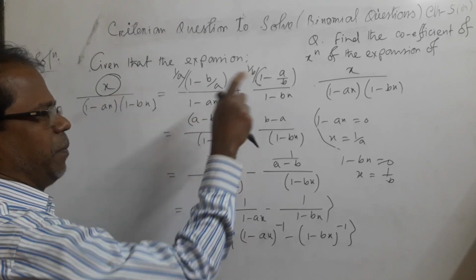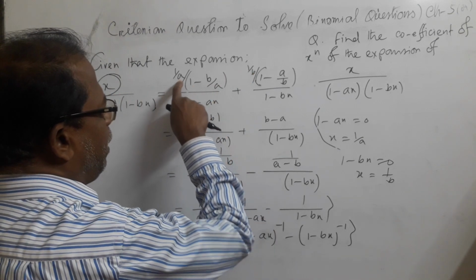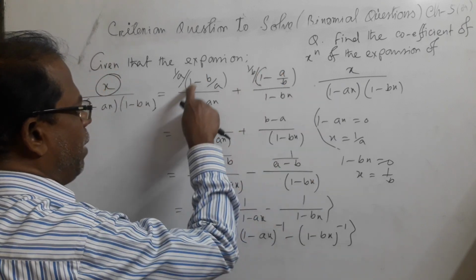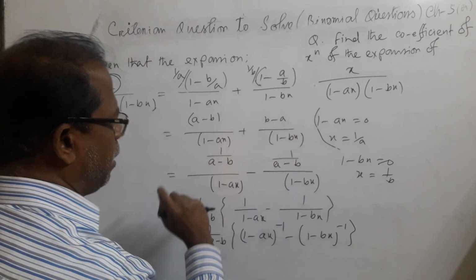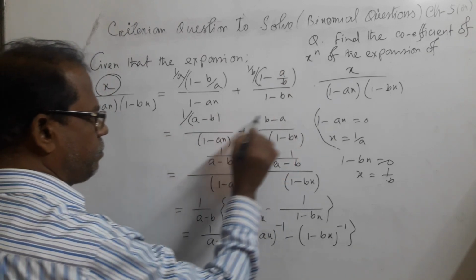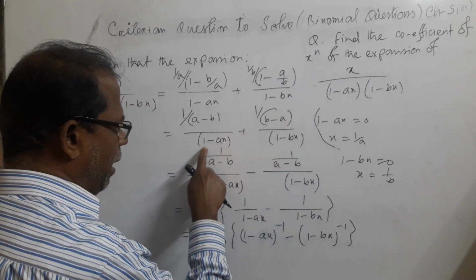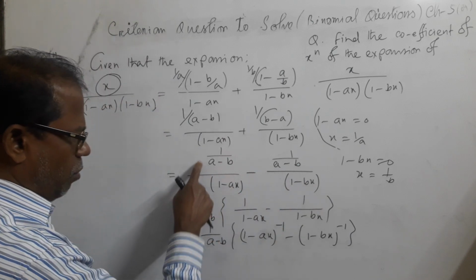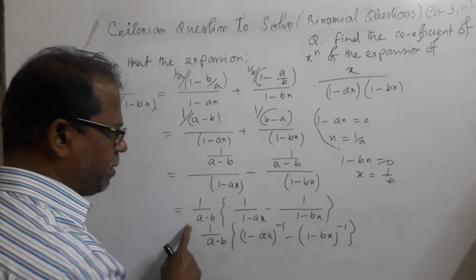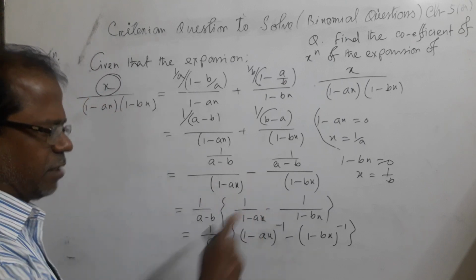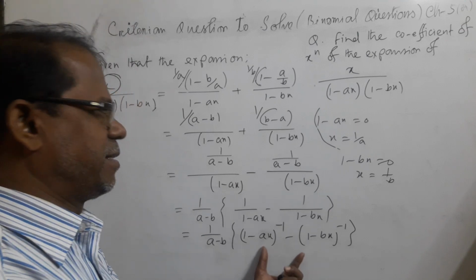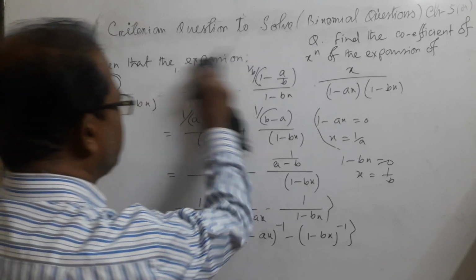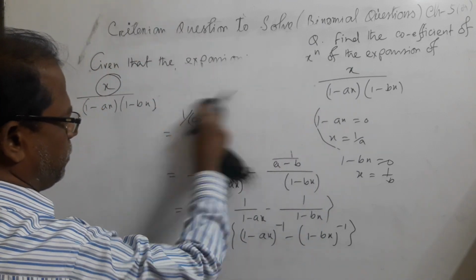So 1 by a means the LCM, 1 by b means the LCM, a minus b, b minus a. Here minus 1 is common, so the upper terms are common. It is clear, obviously clear.